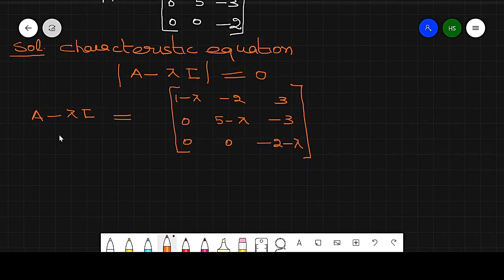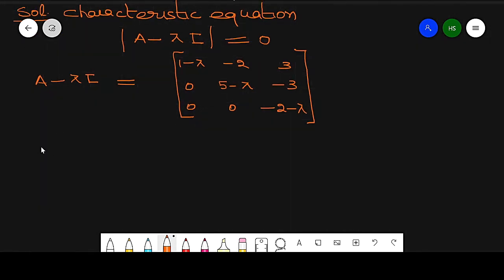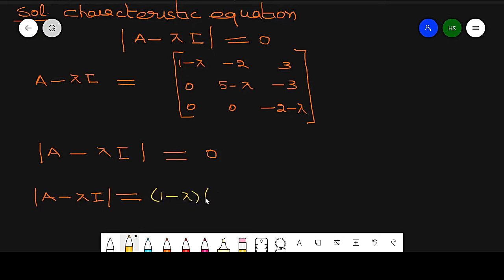Now simplify this: the determinant of A minus lambda I equal to 0 is the characteristic equation. If we expand with the help of row 1, it will be (1 - λ)(5 - λ)(-2 - λ). So this is the characteristic equation.